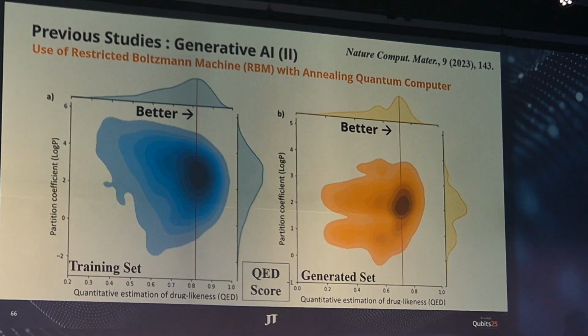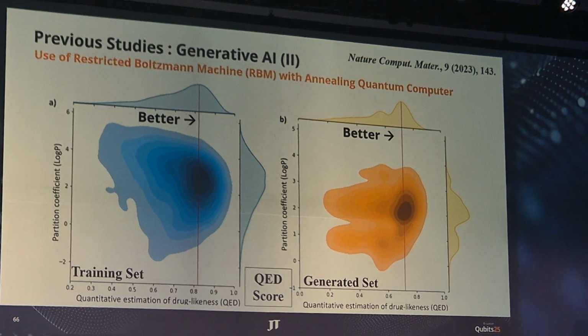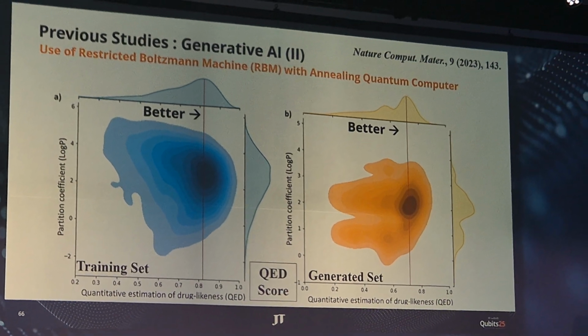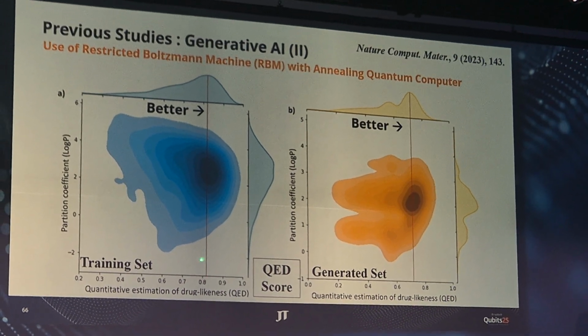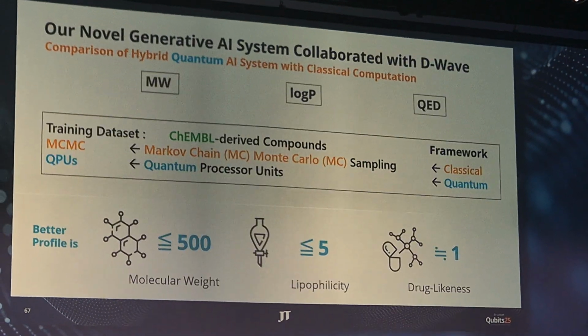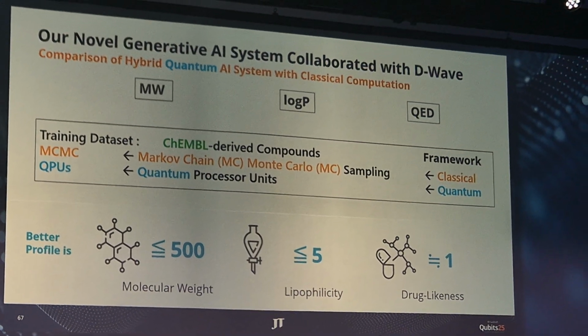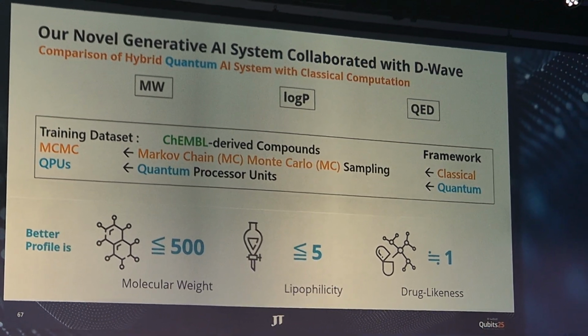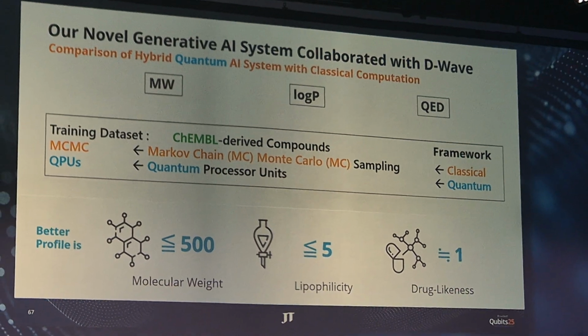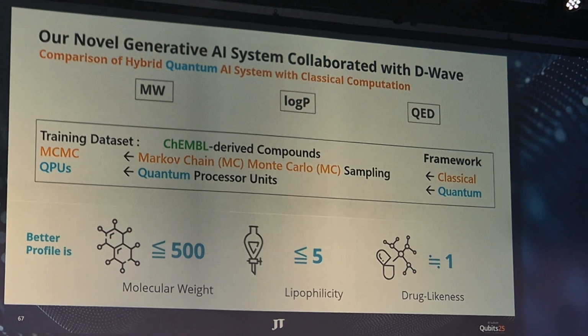Okay, so this is the total input data and computation of the total input data. So training data set and generated data set both are almost the same. Okay, this is the current achievement of use of the quantum annealing computation and coupled with AI technology.